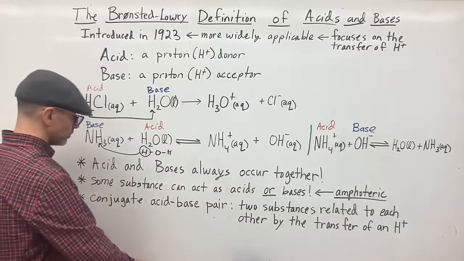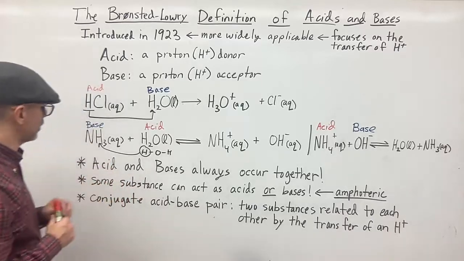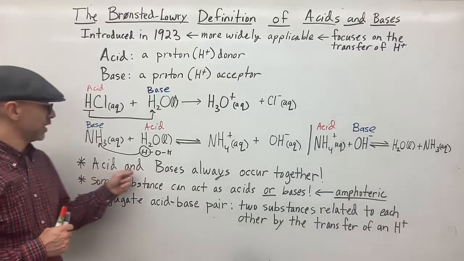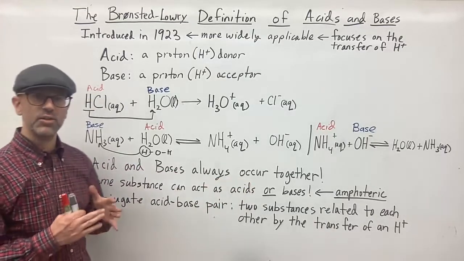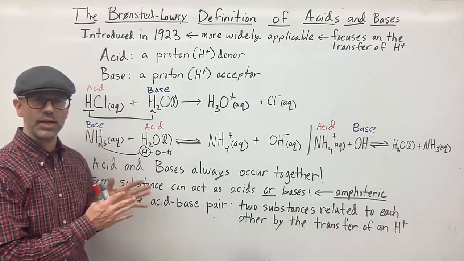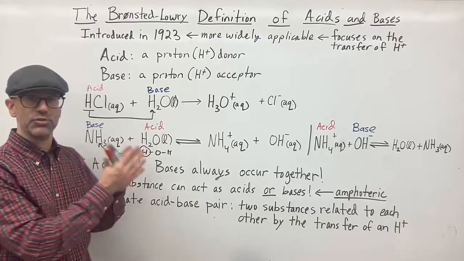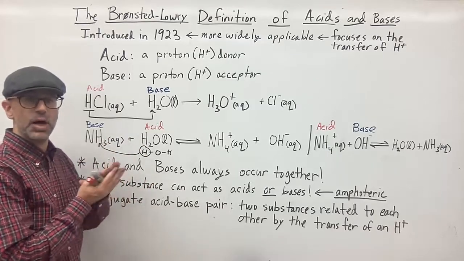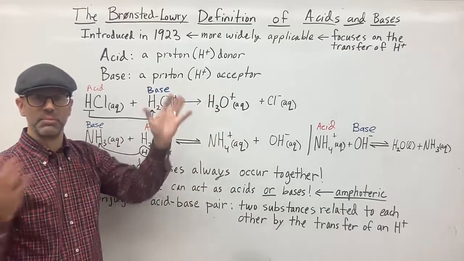So here we can see a few things. One, acids and bases always occur together. So why is that? Because you have a proton or H plus that needs to be transferred from one thing to the other. The H plus is not something that just goes away and floats around and doesn't get picked up.